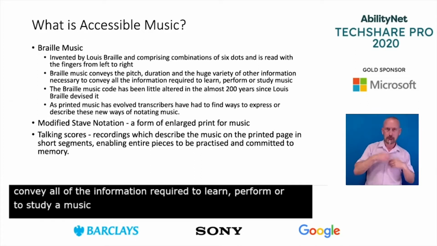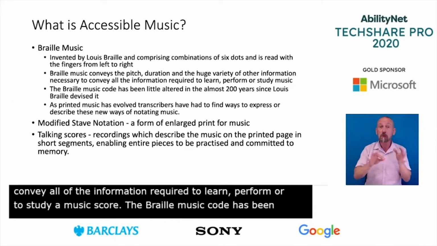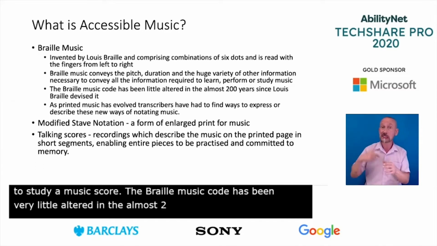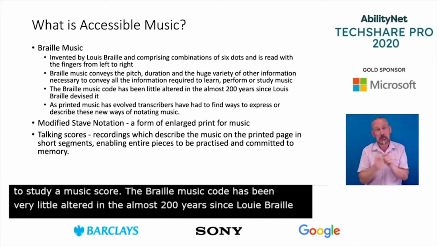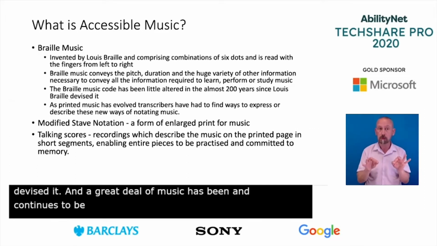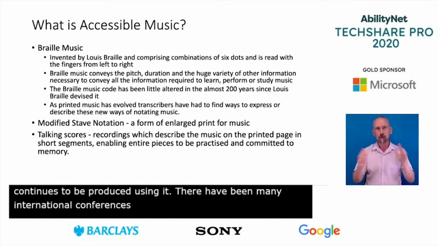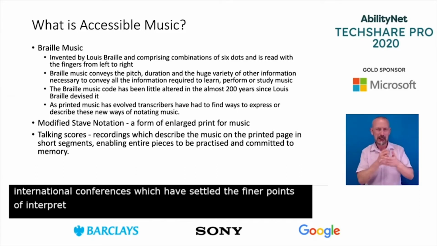The Braille music code has been very little altered in the almost 200 years since Louis Braille devised it, and a great deal of music has been and continues to be produced using it. There have been many international conferences which have settled the finer points of interpreting printed symbols for transcription into Braille.